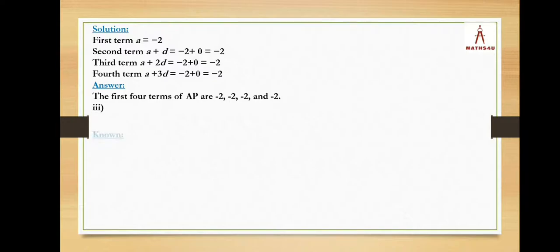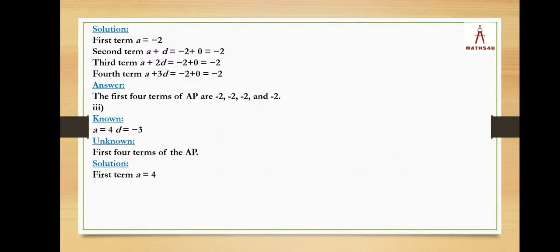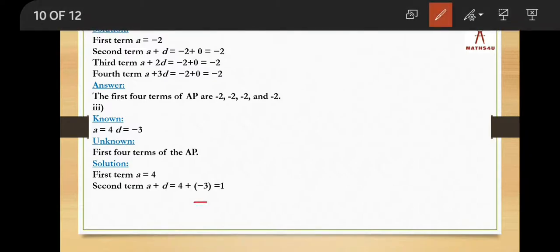I hope you understood. Let's see the third question. Known is the first term A given as 4 and D is given as -3. What is the unknown? The first four terms. The first term is A equals 4. The second term is A plus D, so 4 plus -3. You have to put this bracket. Many people made a mistake here, so you must take care of the bracket. So 4 minus 3, how much? 4 minus 3 becomes -1.